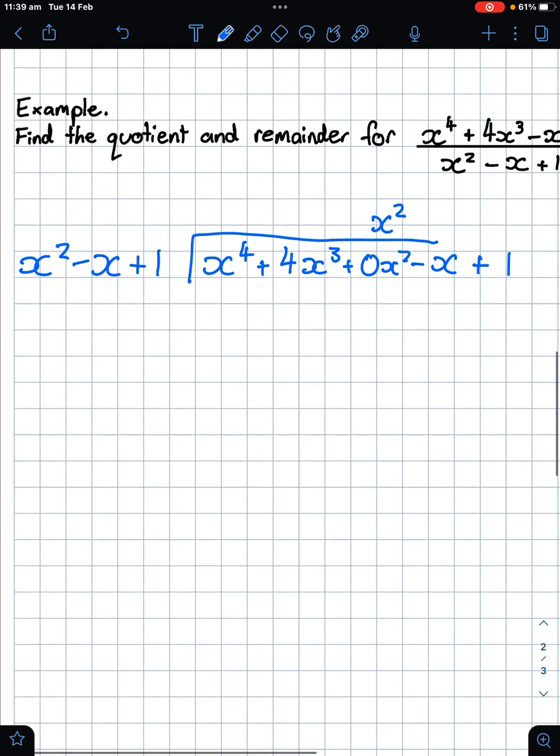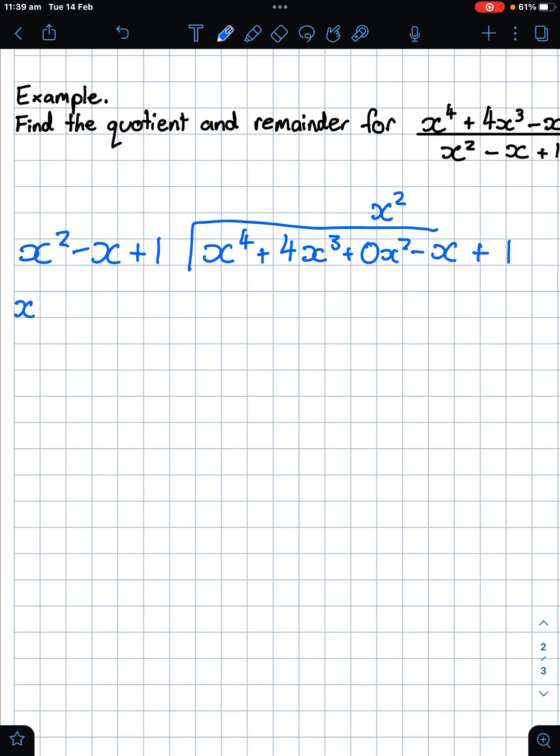And now our next line of working, we're going to go, well, x squared, I'll highlight this, this is from this value here, and then we have times x squared minus x plus 1. This expansion, realistically, this times our divisor, is going to give us all the terms in our polynomial that relate to this.